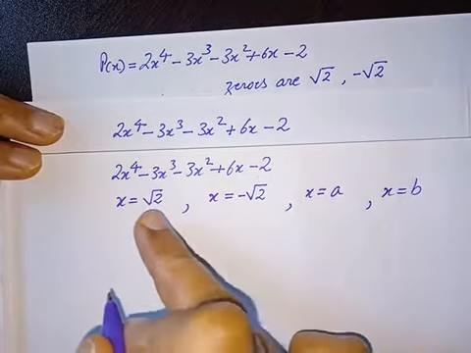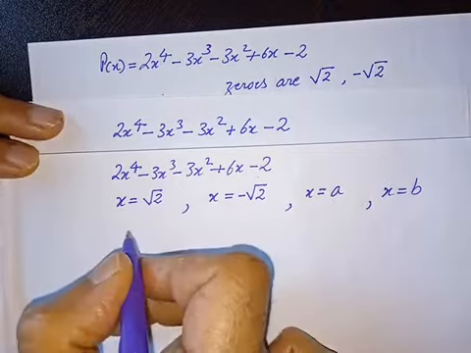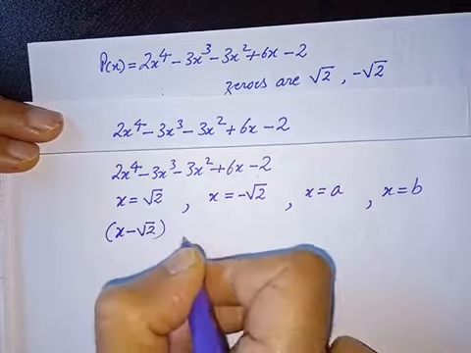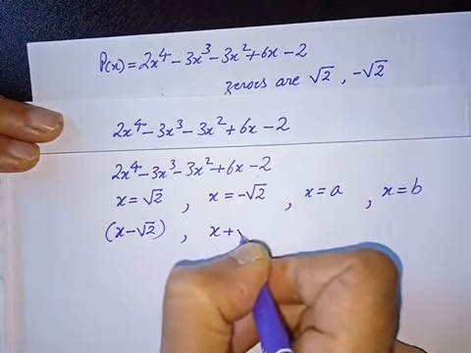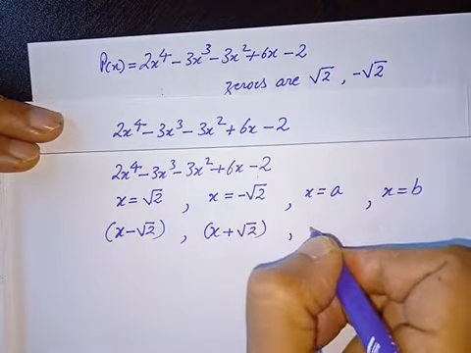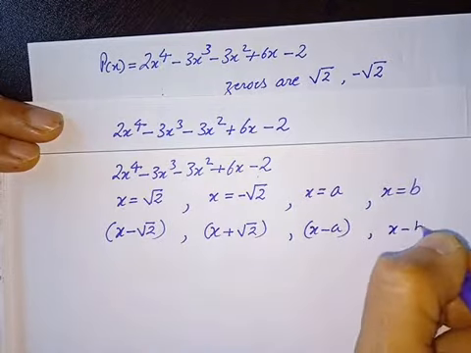Now from these zeros we will make the factors. The factors will be x minus square root of 2 as the first factor, x plus square root of 2, x minus a, and x minus b.